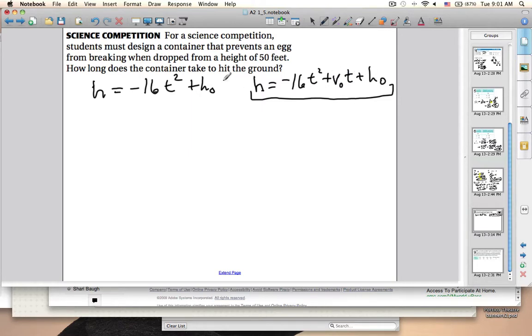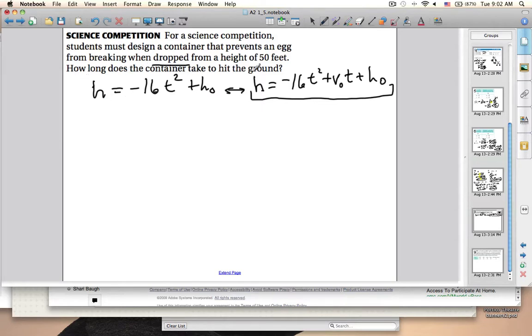In this case, because we're dropping the object, it's starting with an initial velocity of 0, so this middle term falls out. Just know that these two equations are the same equation. It's just that this one deals with an initial velocity of 0, or dropping an item, as opposed to throwing an item.